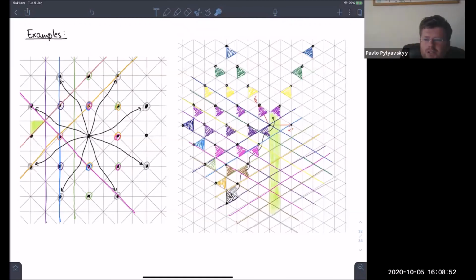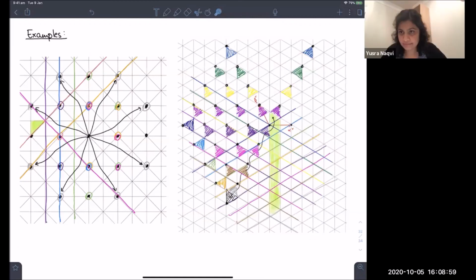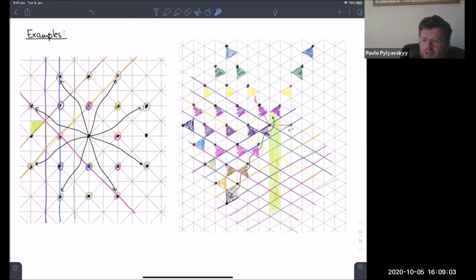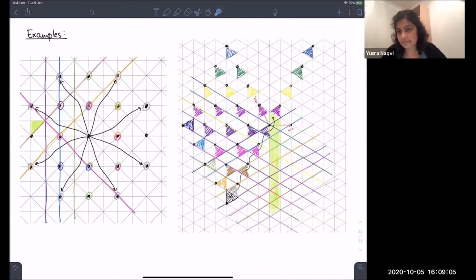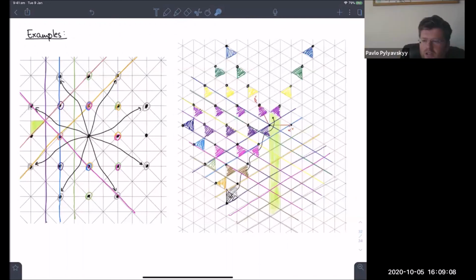Can I ask a quick question? Yes. Those orientations of plus and minus remind me very much of inversion sets of affine permutations. Is there a direct connection?